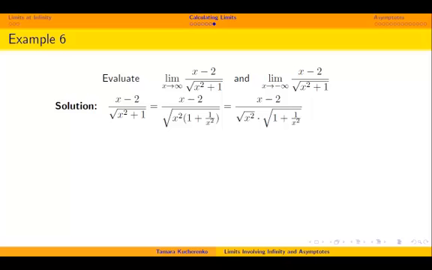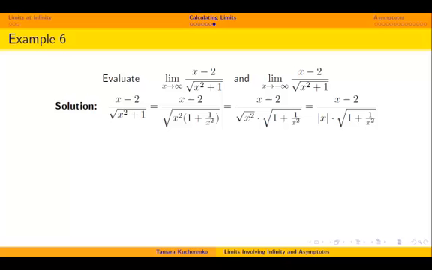Recall that the square root of x squared equals the absolute value of x. So we obtain the following expression: x minus 2 divided by the absolute value of x times the square root of 1 plus 1 over x squared.